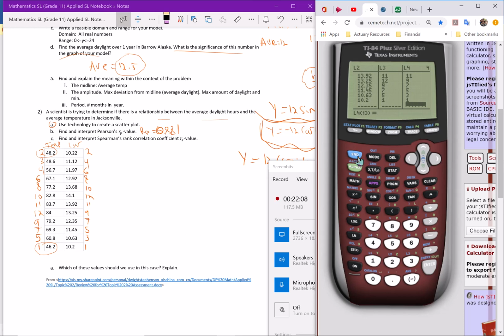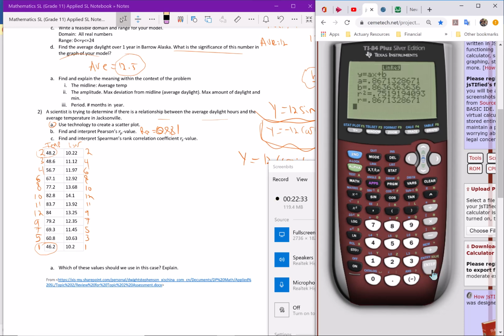What I'm going to do now, to find Spearman's rank correlation coefficient, is go to Stat, Calc, Linear Regression, except I perform the linear regression on those ranks. So in this case, I put those under list 3 and list 4, and I'm going to go down and calculate it for that.